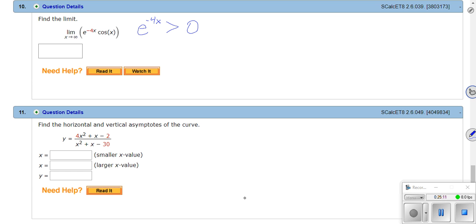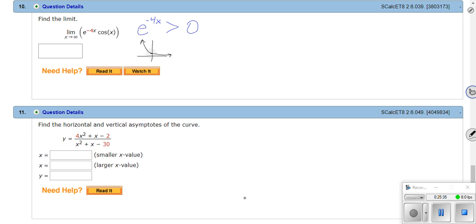Now, the fact that the exponent is negative just means that it flips across the y-axis, so it's still always above the x-axis. Bad drawing, but this would look roughly something like this, if I graphed it. Still, it's always going to be above the x-axis, so that function is always greater than 0.